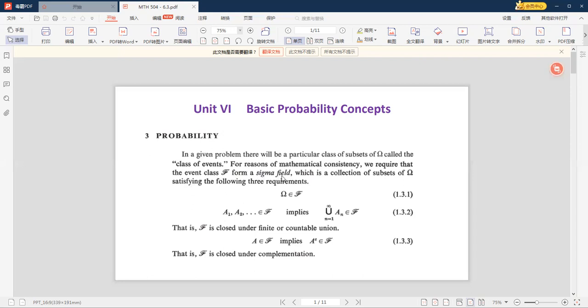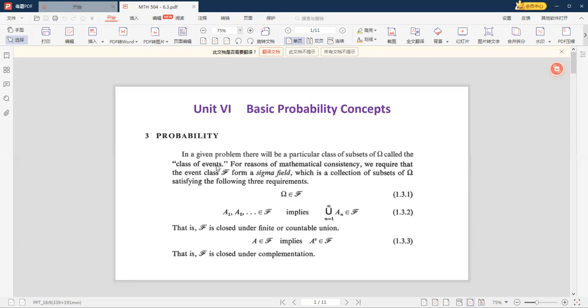What does it mean by a sigma field? If you remember the sigma notation in Cal 2, it means addition. So this term implies that the sigma field should have some properties with the addition or union of the sets or events.